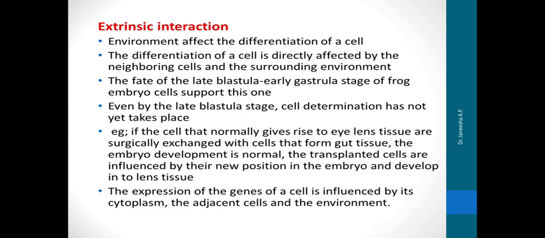So here the scientists are trying to say that differentiation is controlled or affected by the neighboring cells as well as the surrounding environment. Even by the late blastula stage, cell determination has not yet taken place.